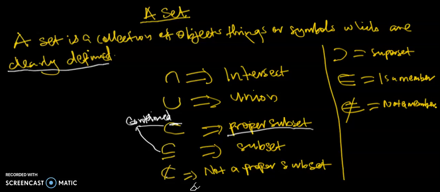Of course, as you proceed, you will discover more symbols like epsilon, and you will dive into more complex analysis. So let's take an example in terms of set theory.